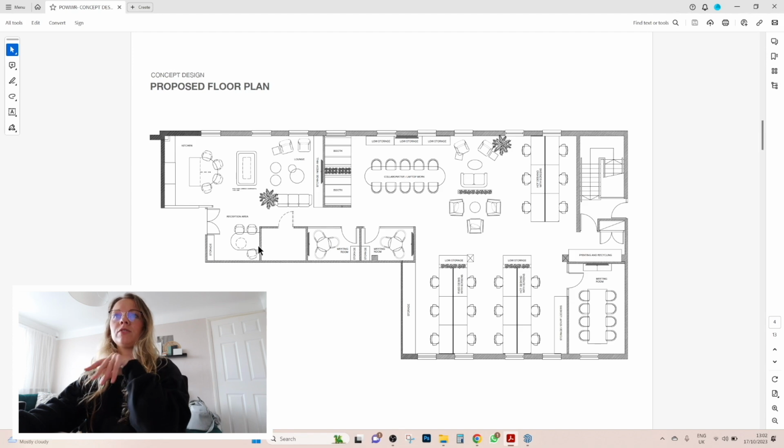So the actual reception desk is almost like a table desk solution rather than a standard reception unit. And then obviously we have this lounge area with a TV media wall with some storage.